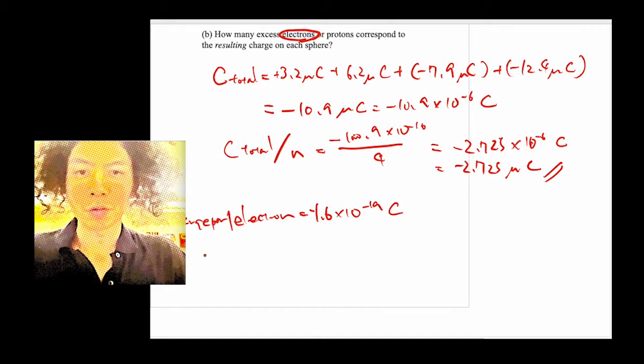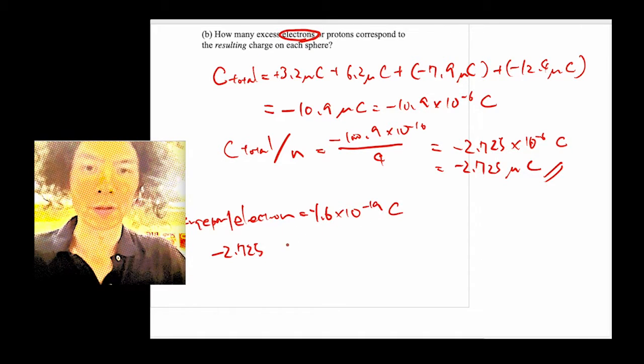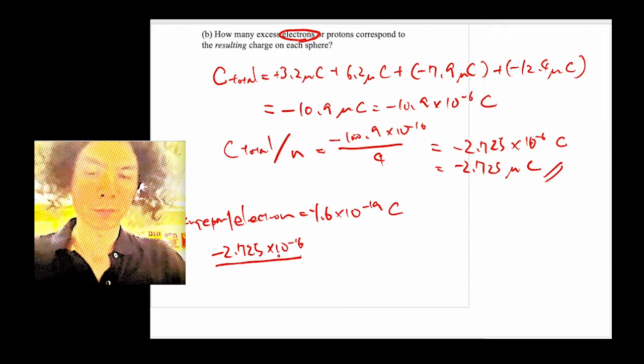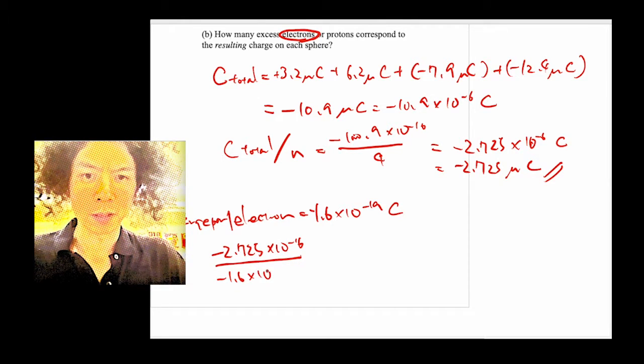So basically you have a lot of electrons to make this value. What you wanna do is divide this number by the charge of one electron to get the number of electrons that match this charge. So it is 2.725 multiplied by 10 to the negative 6 divided by negative 1.6 multiplied by 10 to the negative 19th.